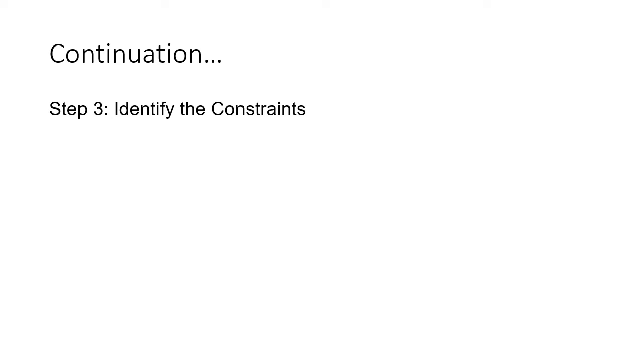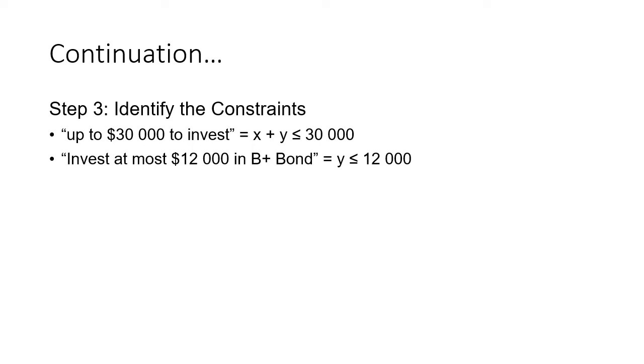Step 3 is to identify the constraints. Up to 30,000 to invest would be x plus y is less than or equal to 30,000. Investing at most 12,000 in B plus bond is y less than or equal to 12,000. And at least 6,000 in AAA bond would be x greater than or equal to 6,000.